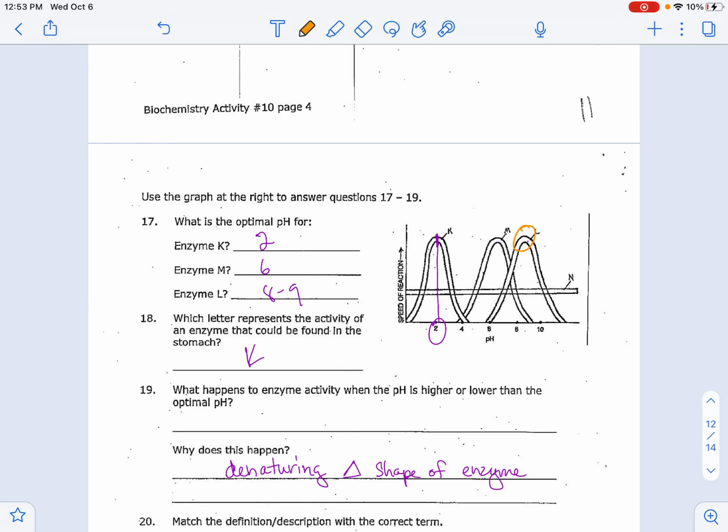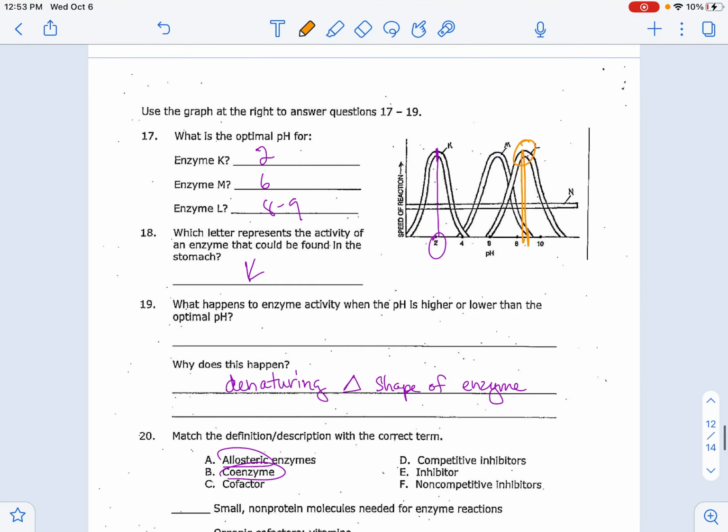K works at 2, L is working at about 9. That's not even the same environment. So they could both be in the human body, but not in the same organ. K would be your stomach, and then L would be like your duodenum, which is the beginning of your small intestine. And that's actually next week's lesson.